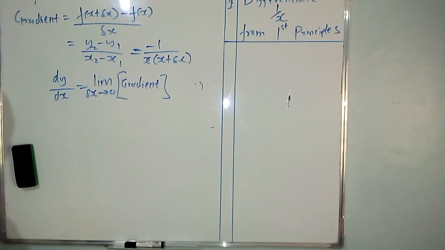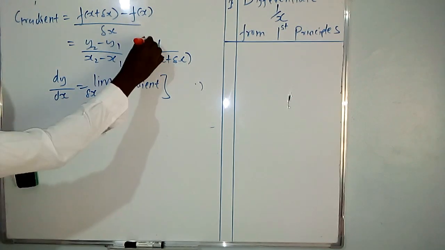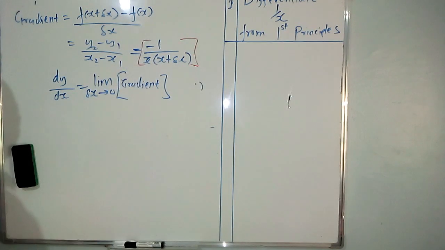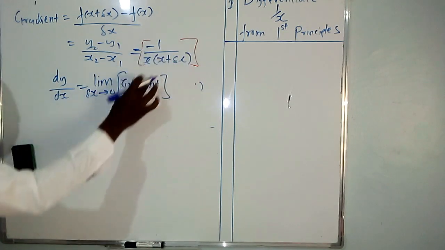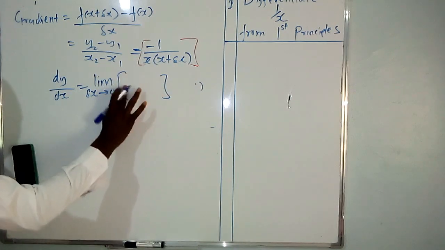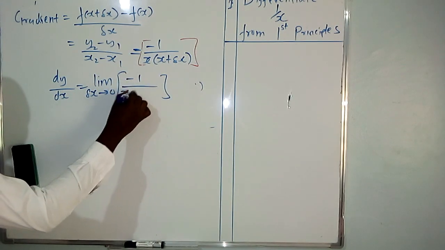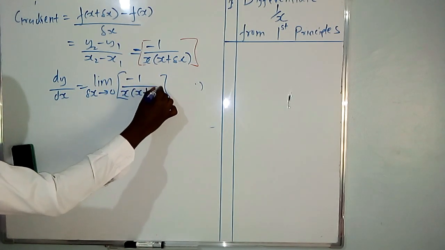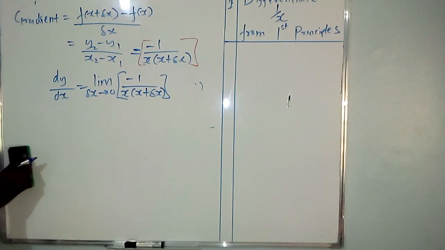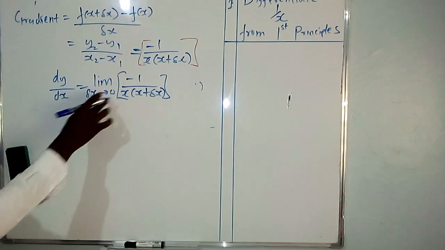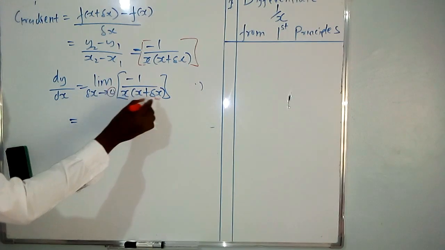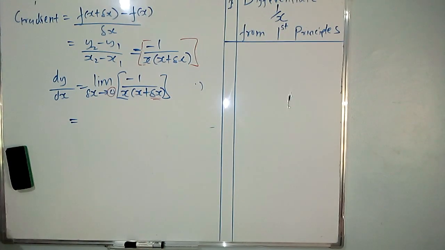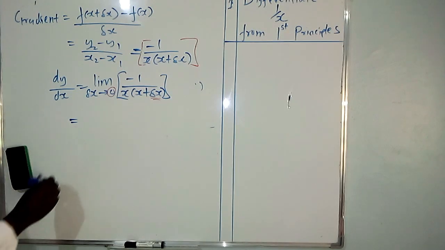Are we clear? So can we now do that? So dy over dx is the limit as small change in x tends to 0 of the gradient. What is the gradient? Negative 1 over x into x plus change in x. So to get rid of the limit, where there is change in x, we put 0.